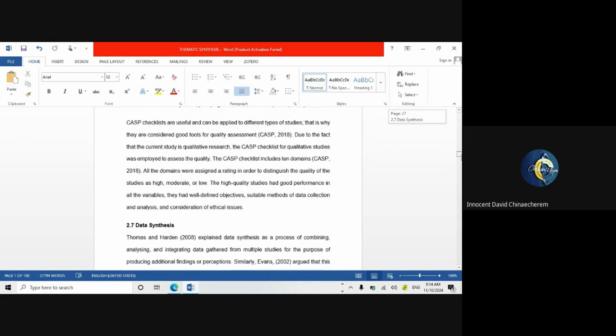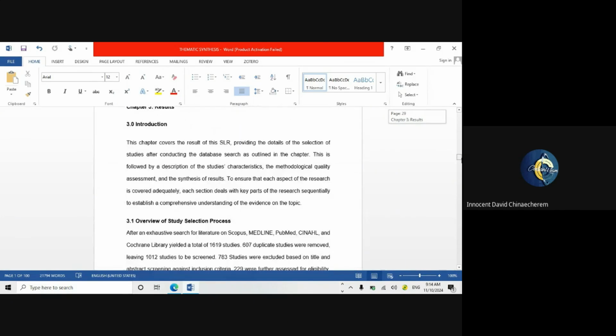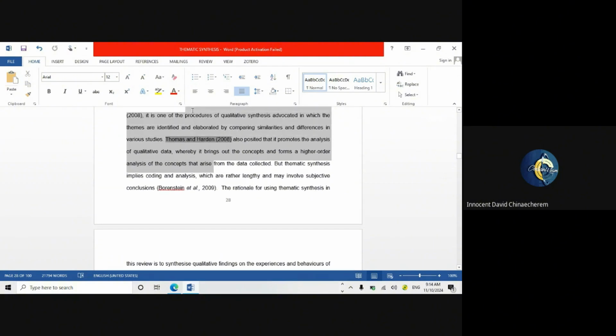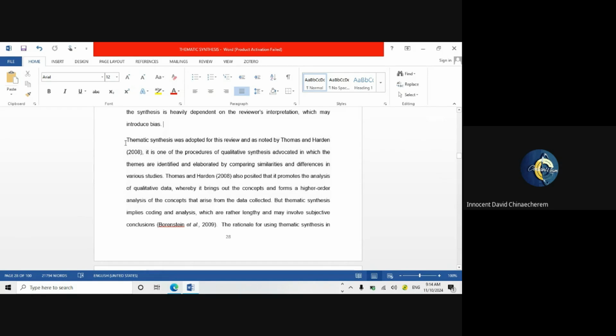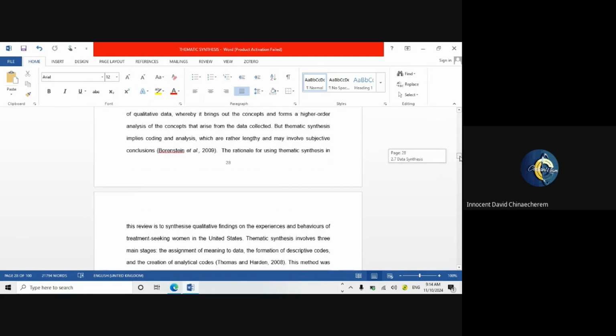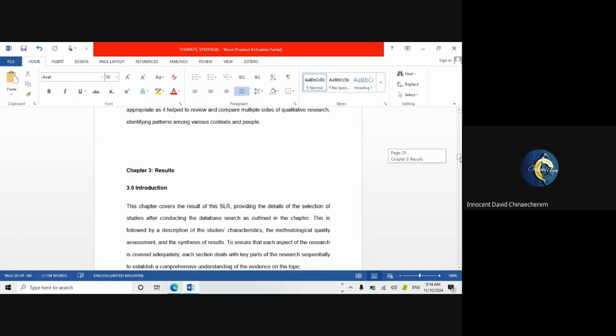Coming to your data synthesis, here it was clearly written. Okay, so this is what it looks like.